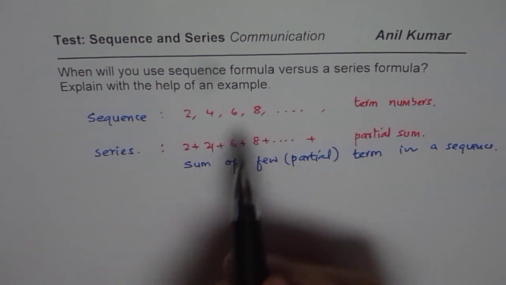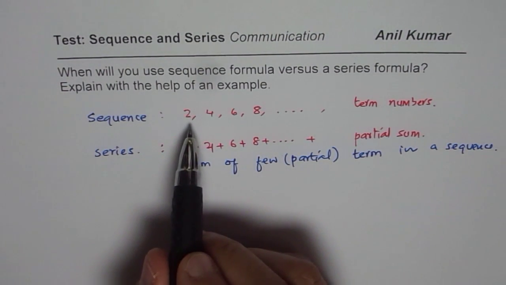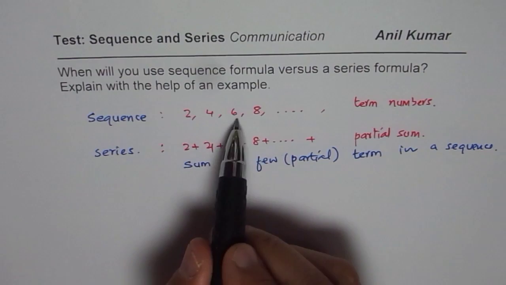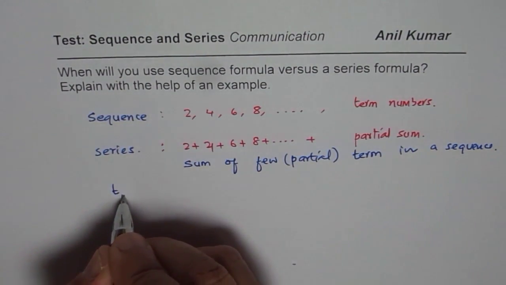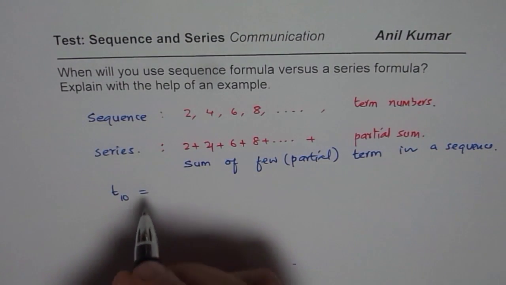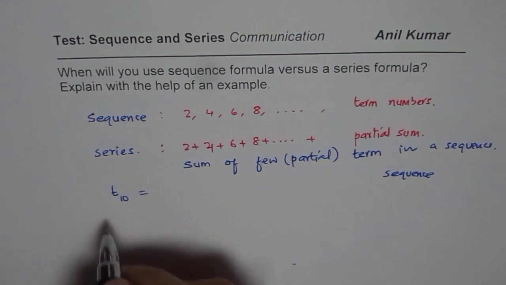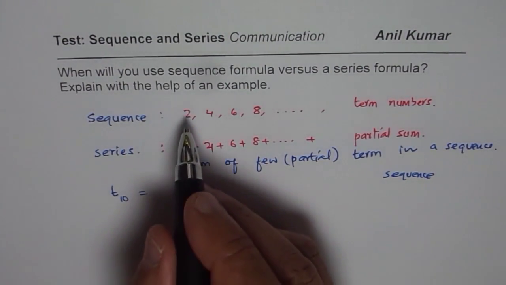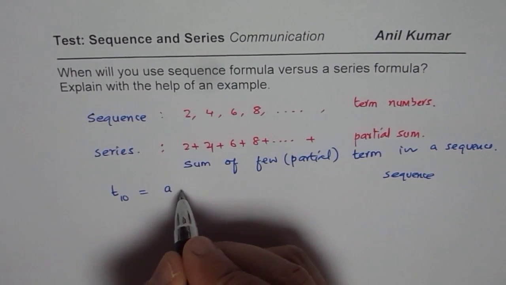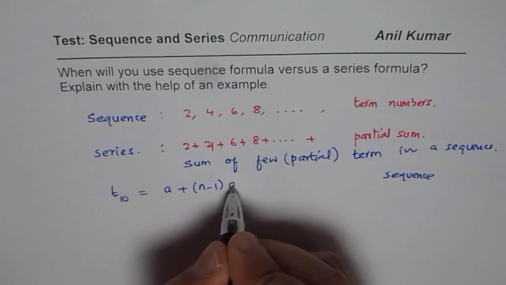Now to give you an example, we are talking about a sequence which is 2, 4, 6, 8 and so on. Now if I say what is the 10th term, then in that case we are talking about sequence. Do you understand? And we can find the 10th term based on what is given to us. What is given to us is the first term a, plus we know this is arithmetic, so it is n minus 1 times d.